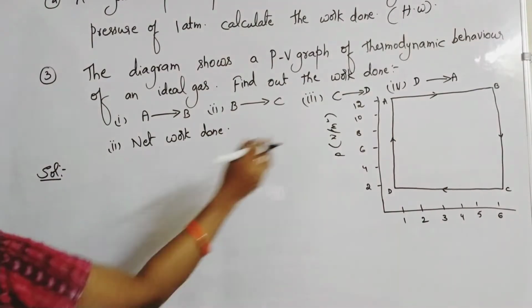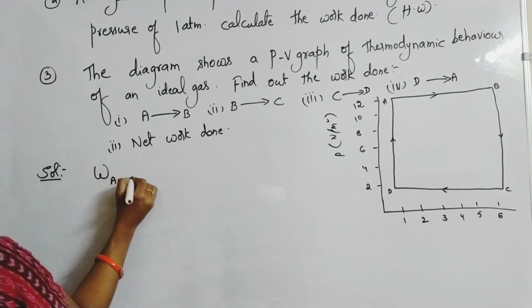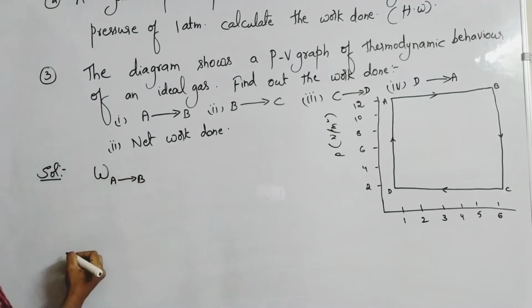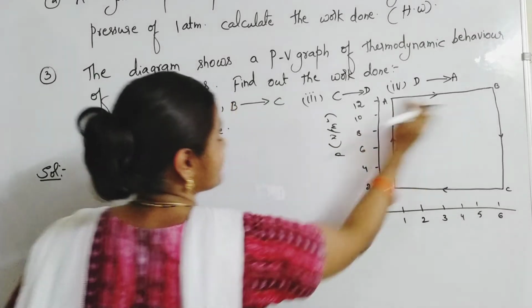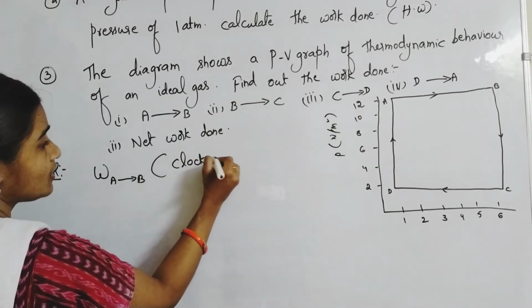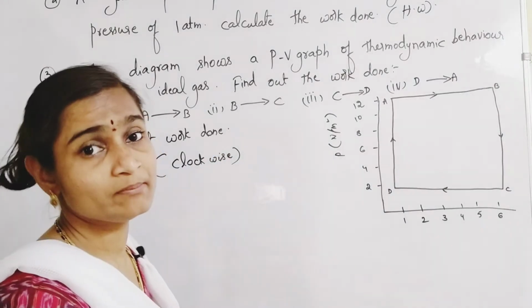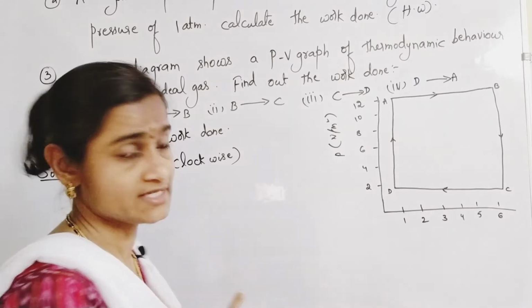In the process A to B, work done from A to B, it is showing clockwise direction. Clockwise means the work done is negative work. Please remember, in the previous video also we have discussed.